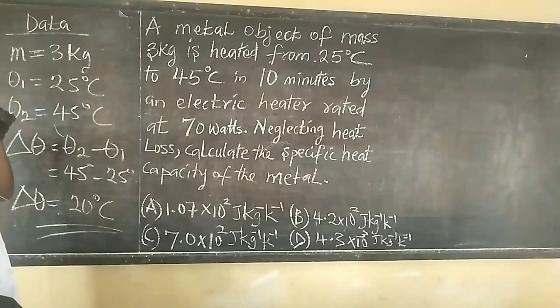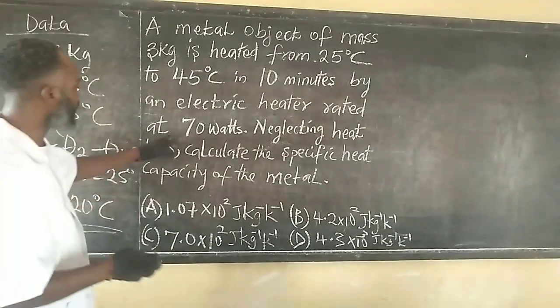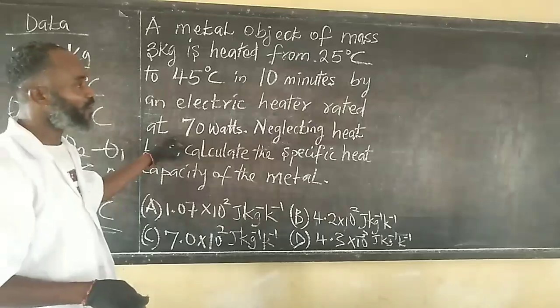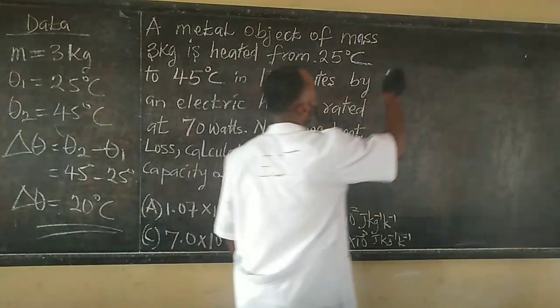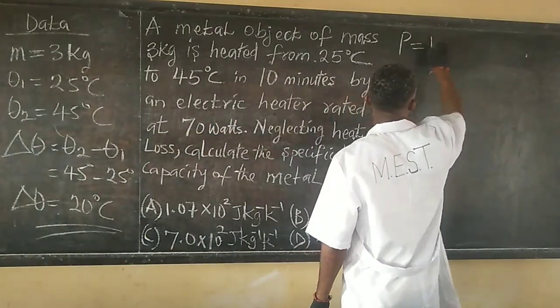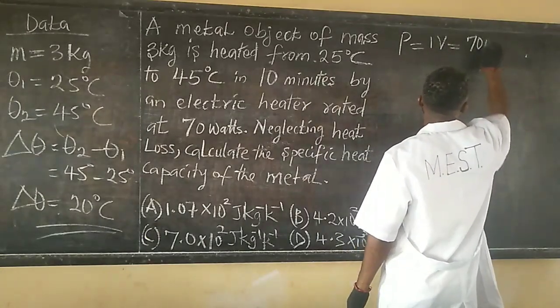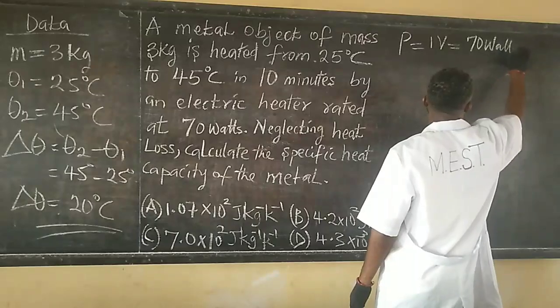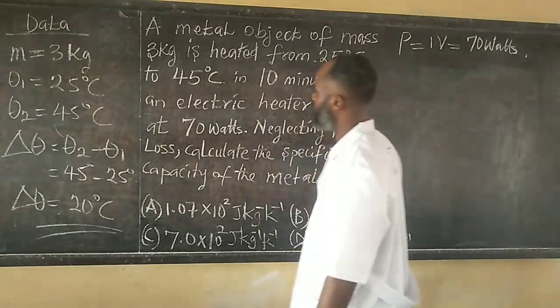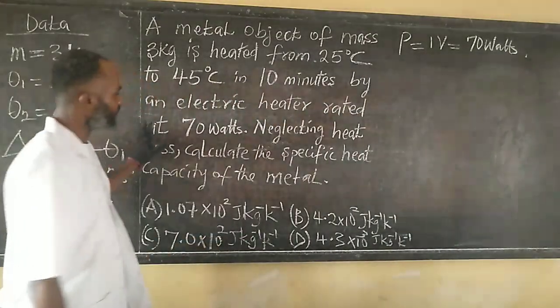So this is the first step. The next one is power. Power is given as P is equal to IV, and this IV is equal to 70 watts.